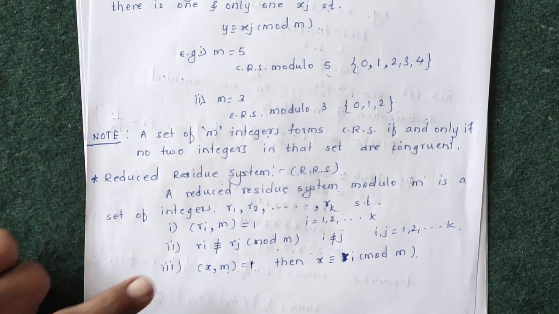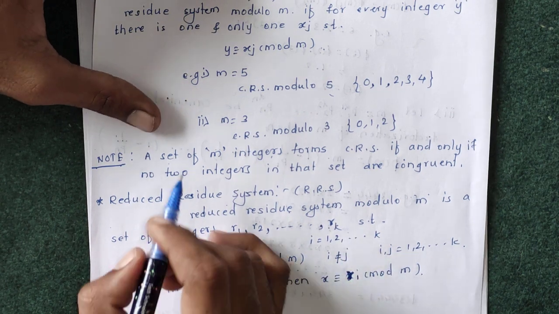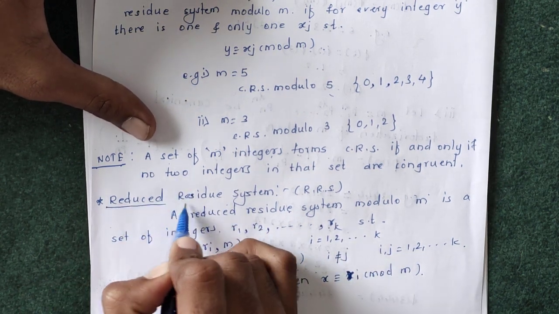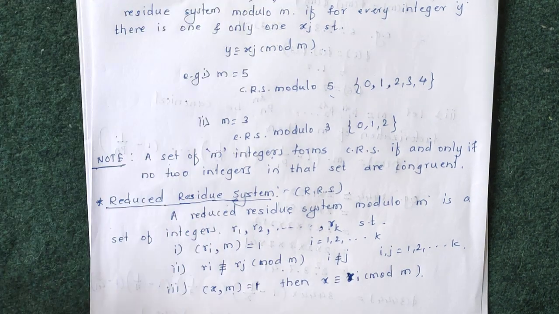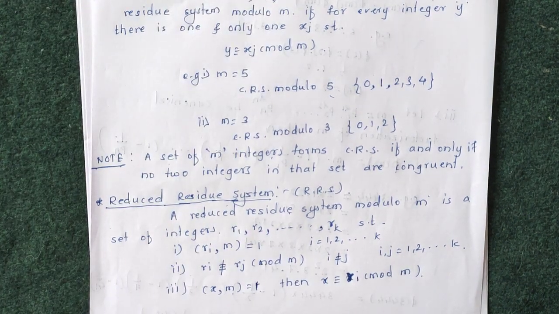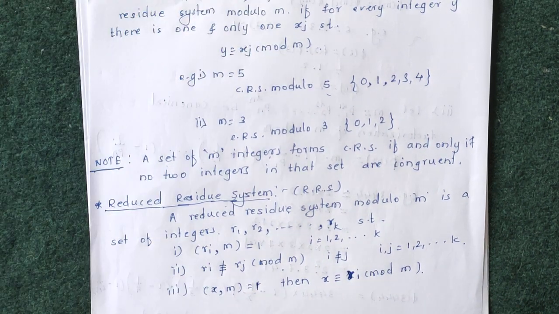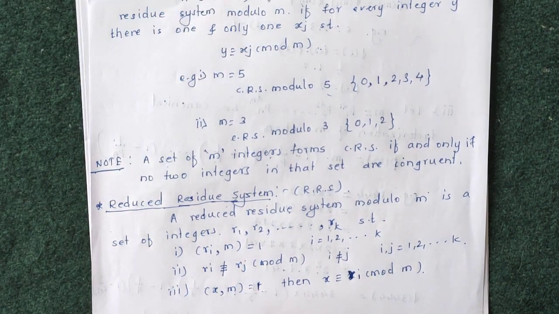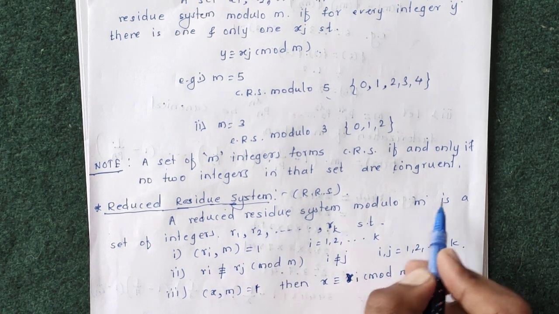If these three conditions are satisfied, then we say that the set of these k integers forms a reduced residue system under modulo m. Hence the definition: a reduced residue system is a set of integers satisfying three conditions. First, these integers must be relatively prime to m.